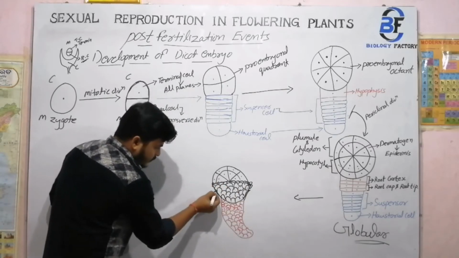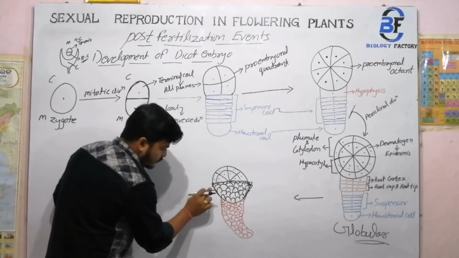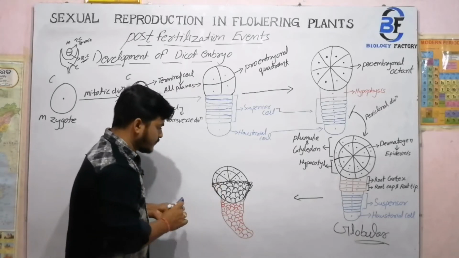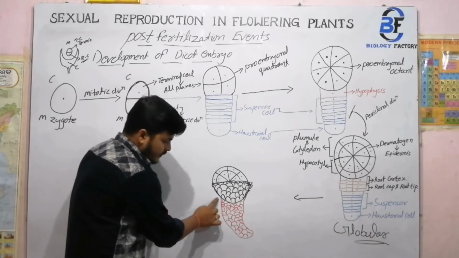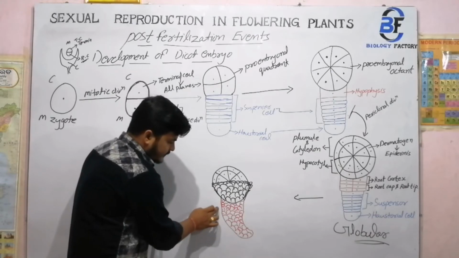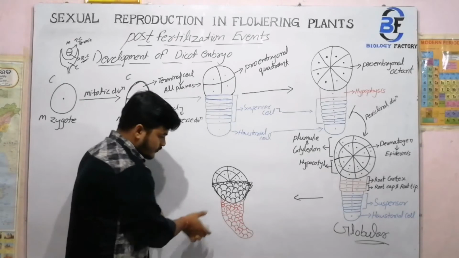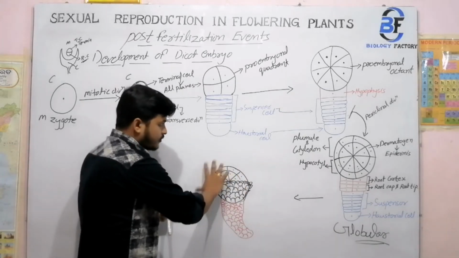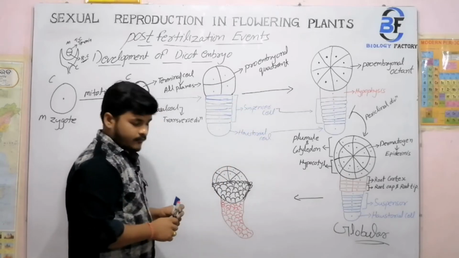So it is the hypocotyl. We just do not label it now, later we will label it. So here is the hypocotyl. Here is the root cortex and root cap and root tip. So it is the radicle part, and we just started drawing the changes of your proembryo.